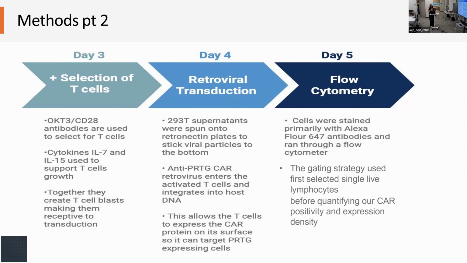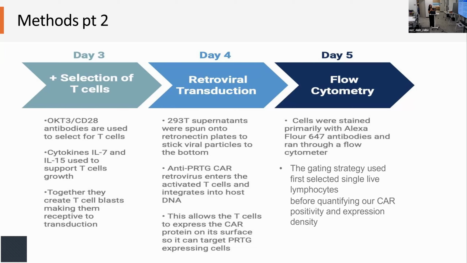And then we use the anti-PRTG CAR, and PRTG is a cell surface marker that's targeted by the T cells. And it's specific to group 3 medulloblastomas. And the retrovirus entered the T cells and integrated into the host DNA.